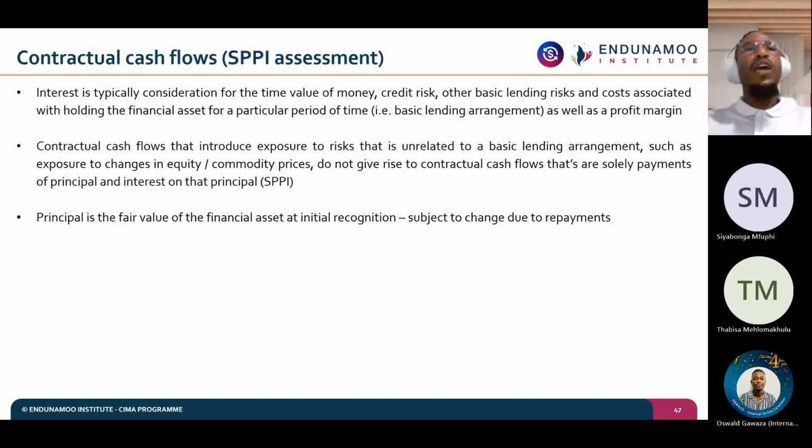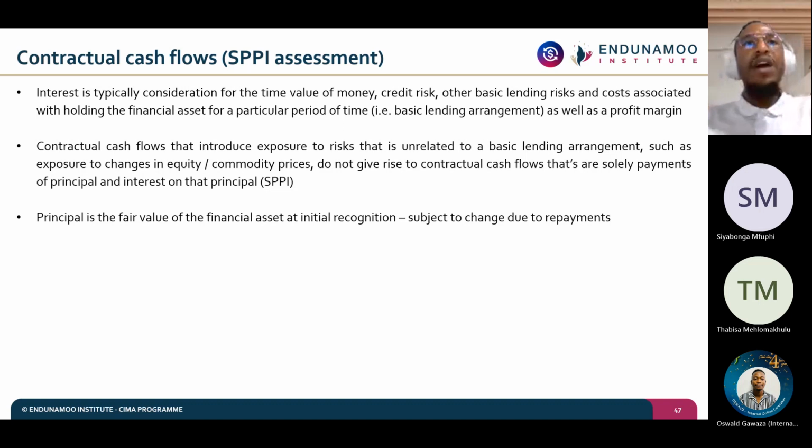However, when we are now looking at the contractual cash flows that are made, we first need to assess whether these meet the SPPI test. The SPPI test simply means that the payments that are made are solely payments of principal and interest on the principal amount outstanding.